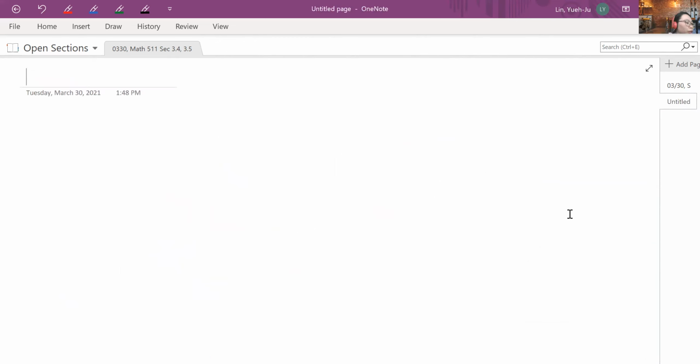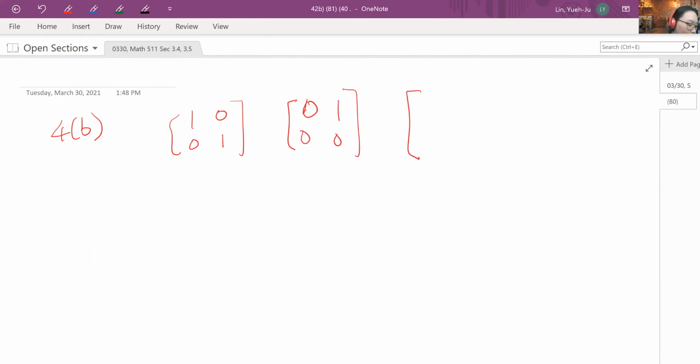Let me do this here. So you want 4B, right? Okay, so you want to check whether they're linearly independent. Think of each matrix as one vector in the space.